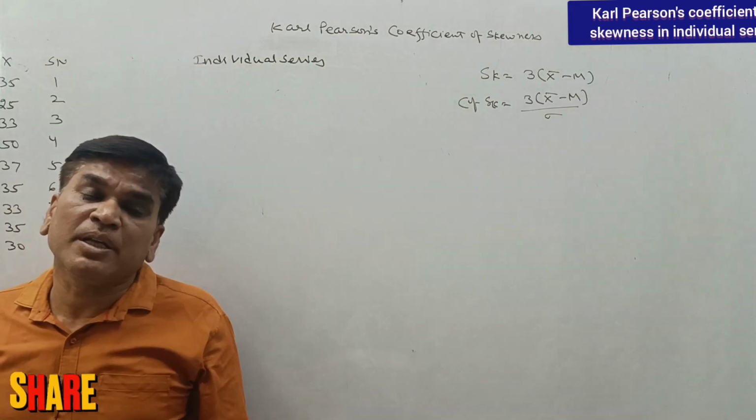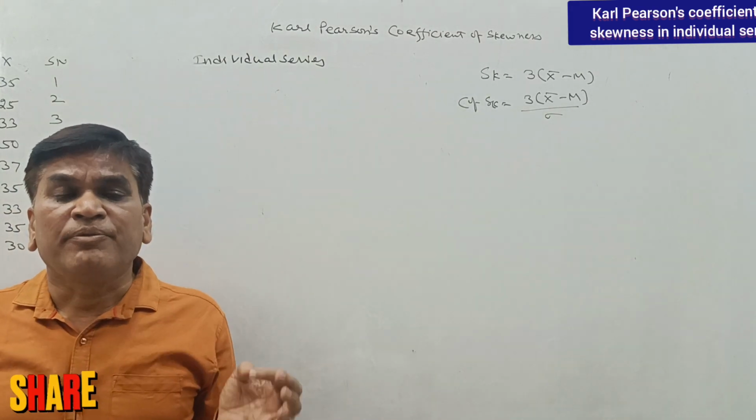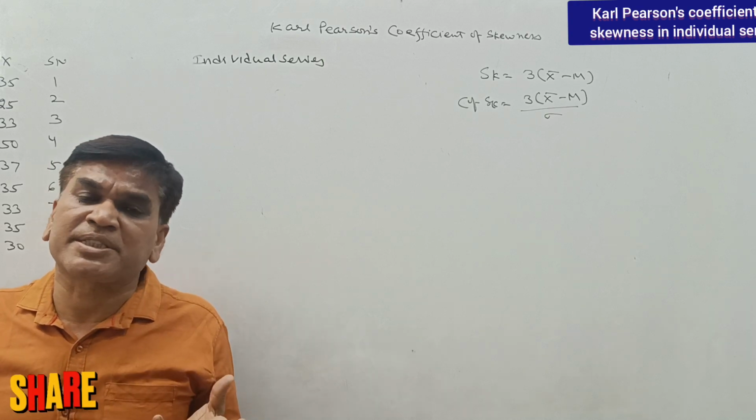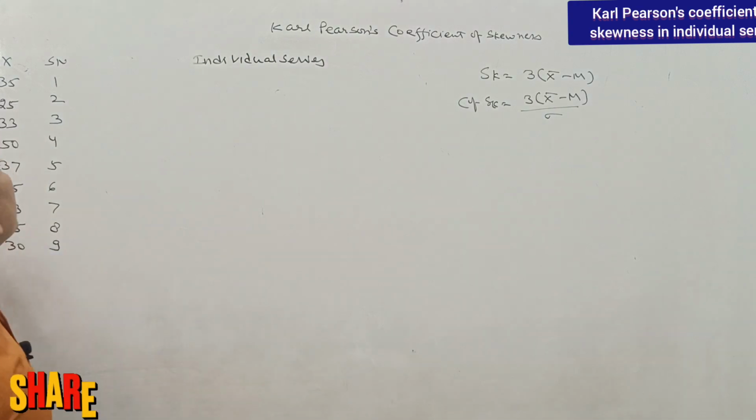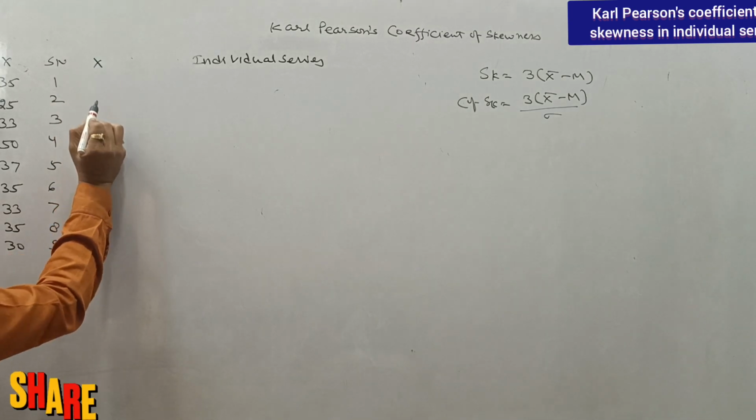For calculating the median value, we require the series in ascending order or descending order, so first we will put all these in ascending order.